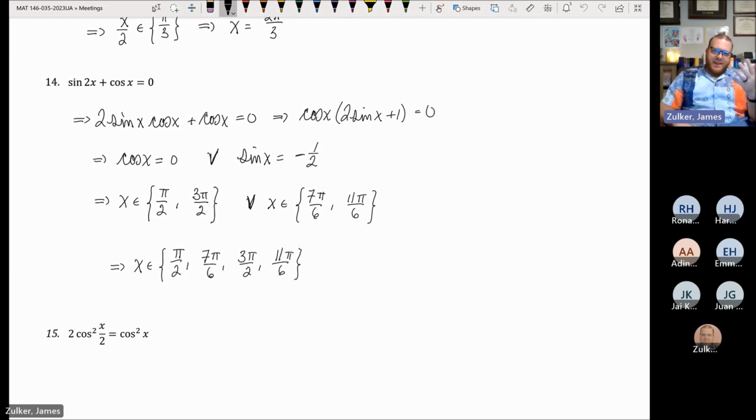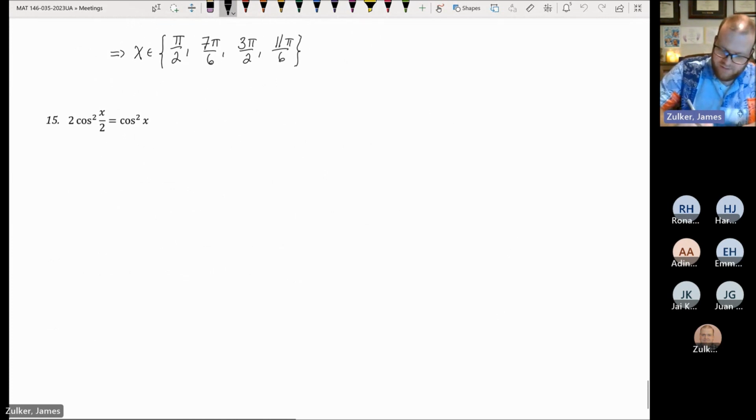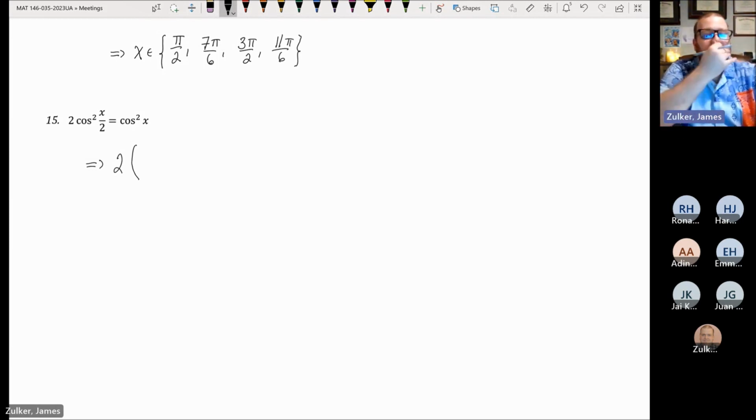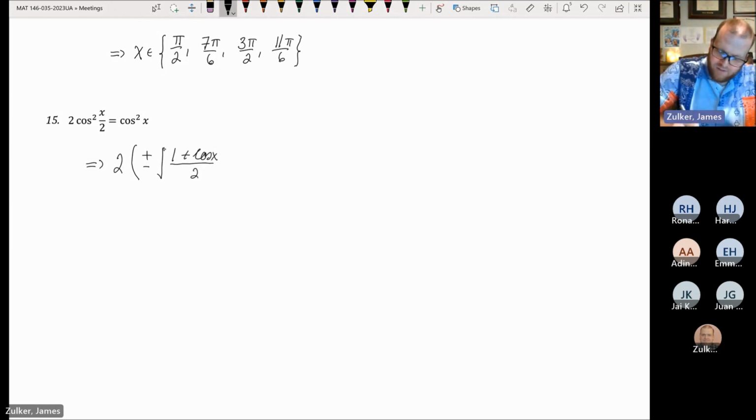Use the half angle identity on cosine. Right, so half angle identity for cosine is plus or minus square root of 1 plus cosine x all over 2. And that's being squared.